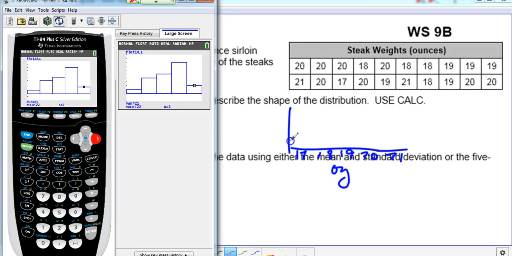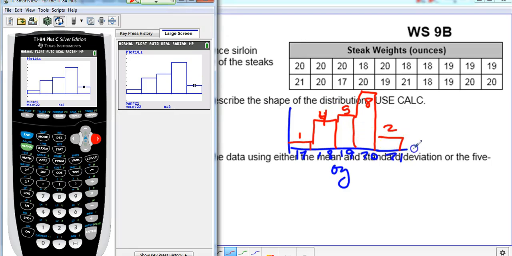So, all right, there was 1 steak here. 18 was 4. Is that right, guys? 19 was 5. Then it goes up to what, 8? And back down to 2. I'm just doing a really rough sketch, okay?